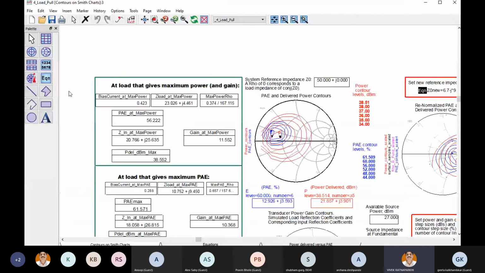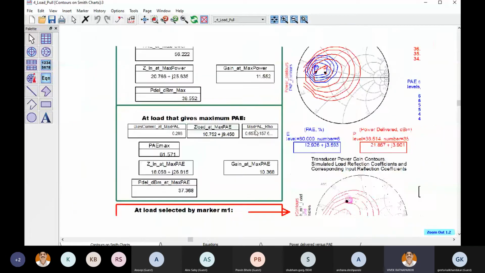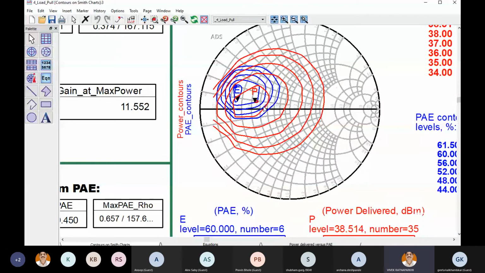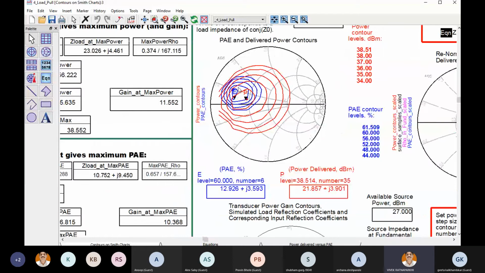So a lot of data will be plotted in front of you from this load pull. All right. Out of these, I will just let you know the 2-3 important things. This Smith chart is about the power and PAE contours. So what is the output power at this particular frequency is being plotted for different values of impedances, and this is the PAE contour.